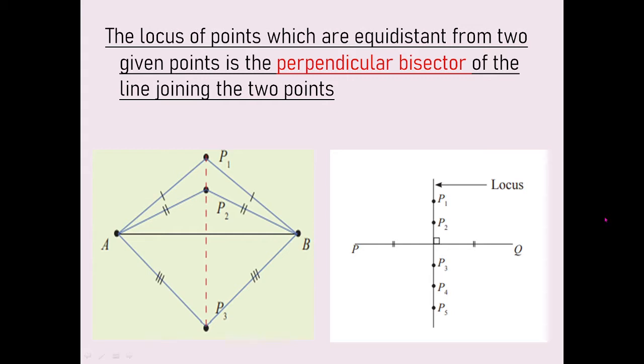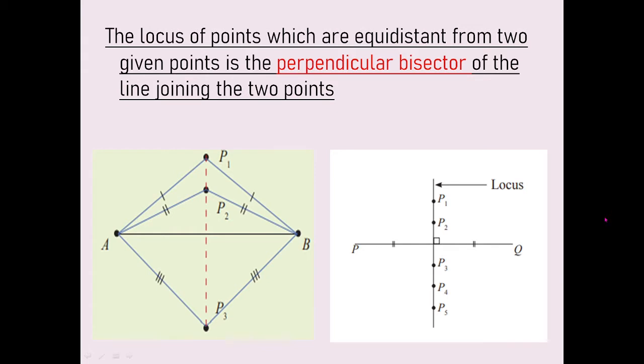Look at this point P1. AP1 distance and BP1 distance are equal. Think about the point P2, AP2 and BP2 are equal. P3, the distance AP3 and the distance BP3 are equal. So they are called equidistant.